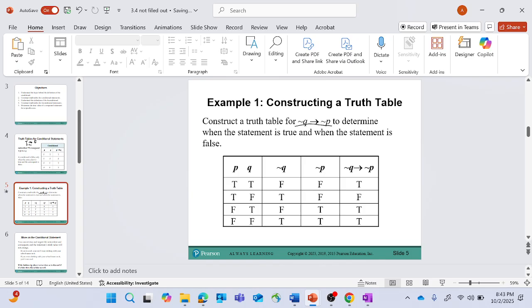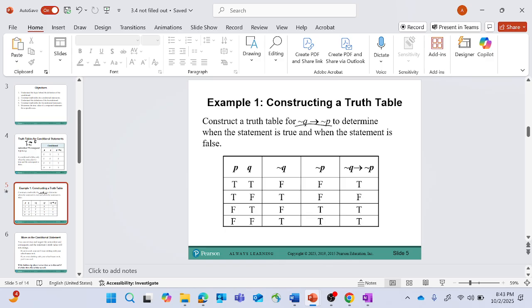In this case, not Q and not P. And then I'm going to figure out the very end. So for not Q, it's just going to be the opposite truth value of the Q's. True to false, false to true, true to false, false to true. It's the opposite truth value of the Q. Not P is the same thing, but with P's. The opposite truth value of the P. Okay? Everyone fine with these first three columns?